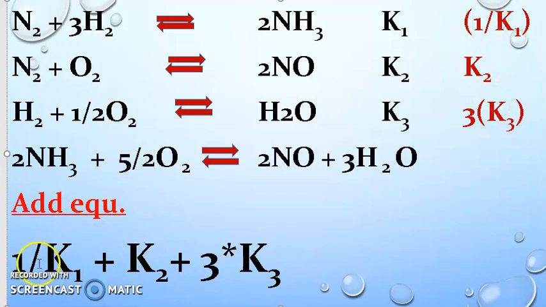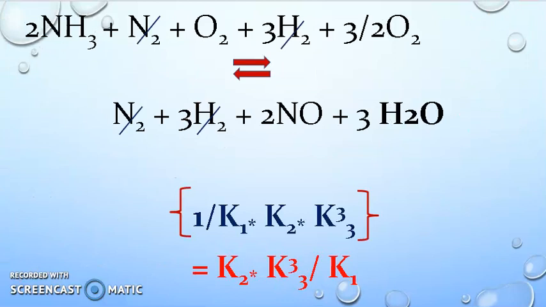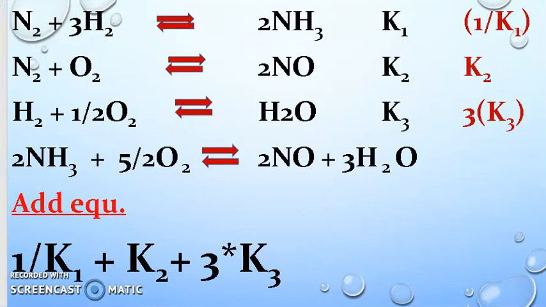Add the equations: 1 by K1 plus K2 plus 3 into K3. This is the way you have to add. First we will write the left side terms, and then write the right side terms after that. So what are the left side terms here? You just find them here.